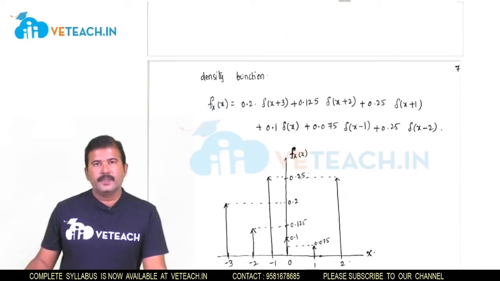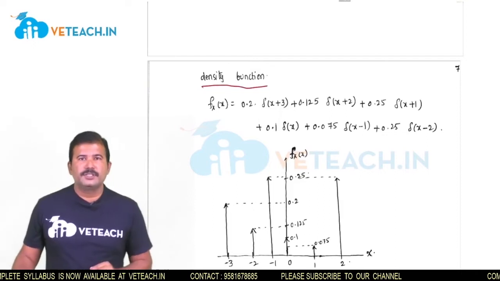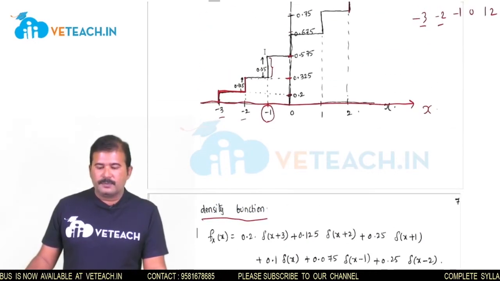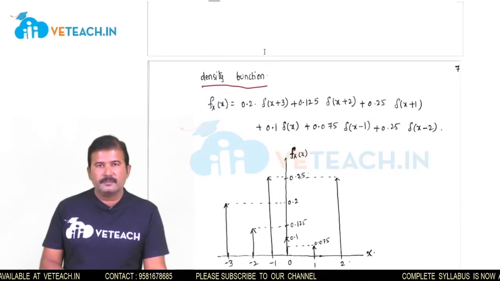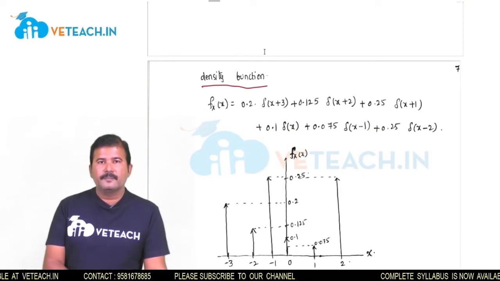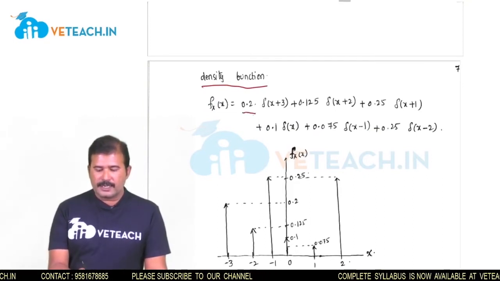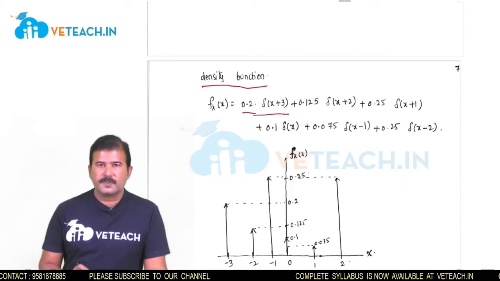Similarly, density. For the same random variable values, the density function is the derivative of the distribution function. So what is the derivative of a step? As we know, the derivative of the unit step is nothing but the impulse function. Let us write 0.2 into del of x minus of minus 3, that is del of x plus 3.